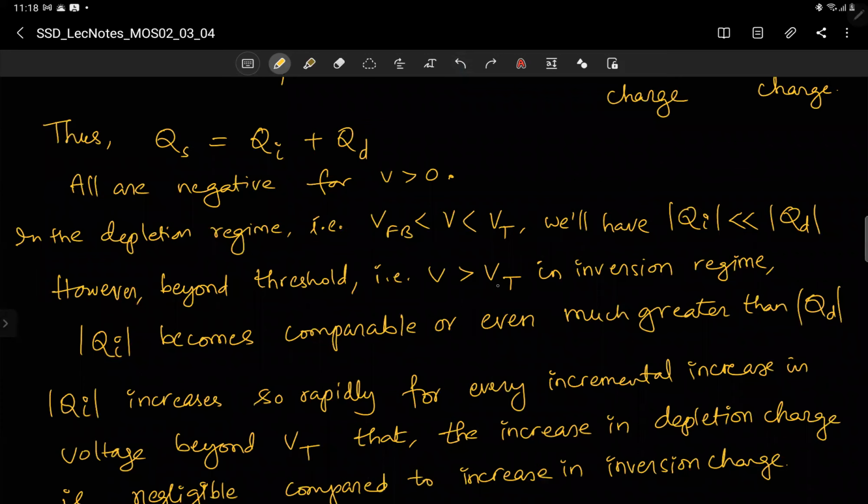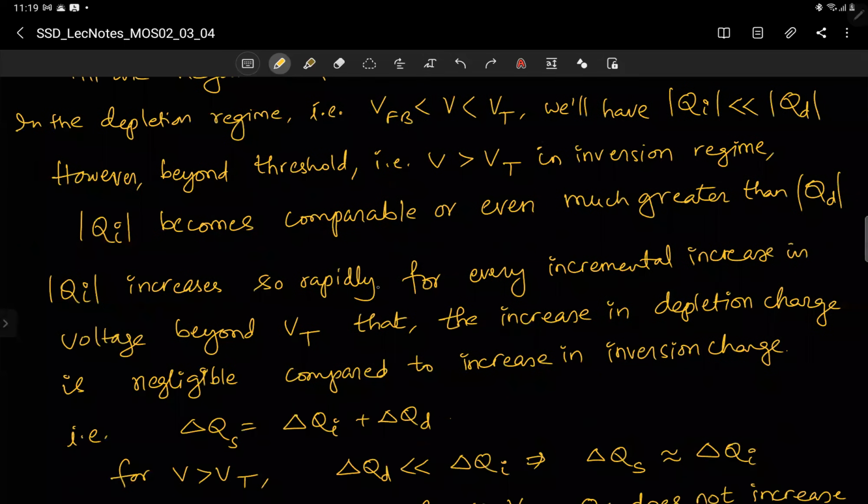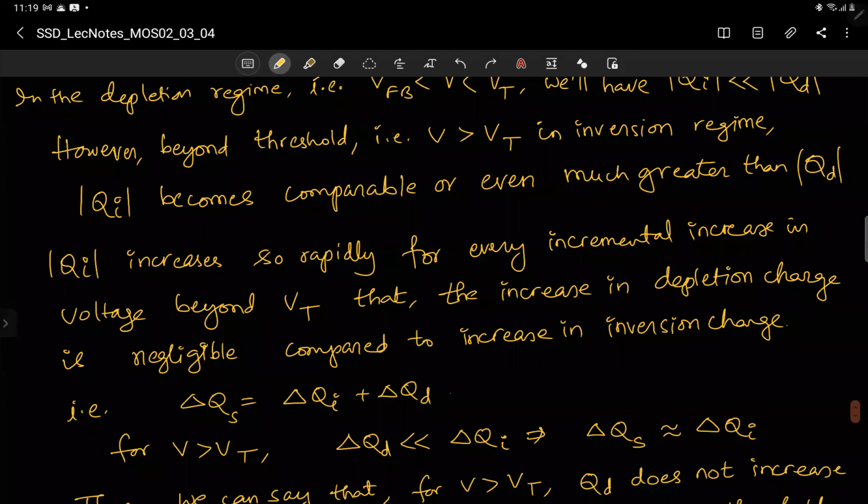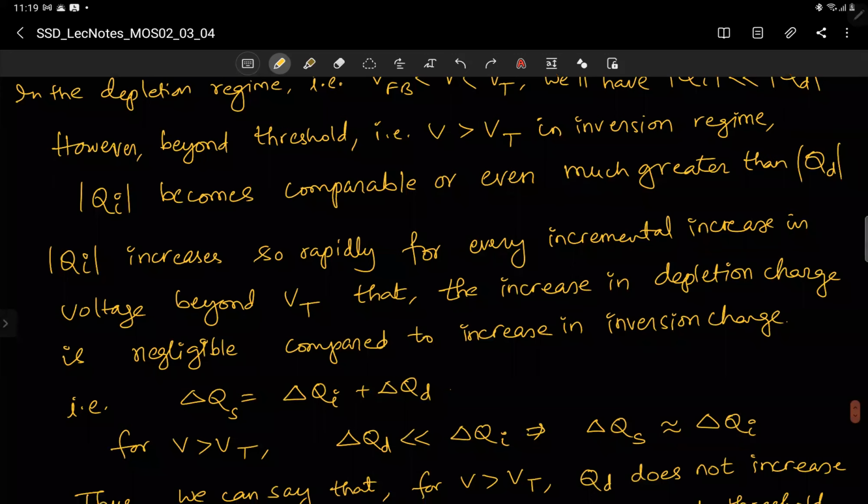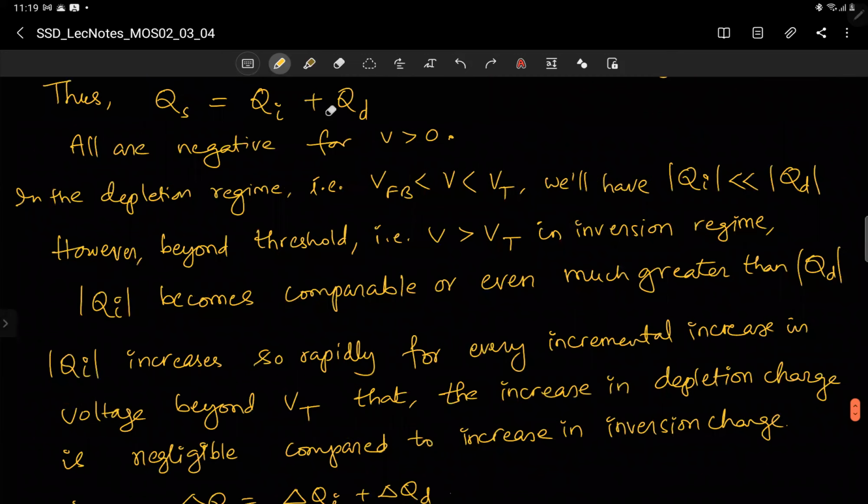So mod Qi increases so rapidly for every incremental increase in voltage beyond VT that the increase in depletion charge is negligible compared to the increase in inversion charge. In terms of incremental values of charge, QS is Qi plus Qd. So for an increment of delta V, delta QS, the change in semiconductor charge, is delta Qi plus delta Qd.